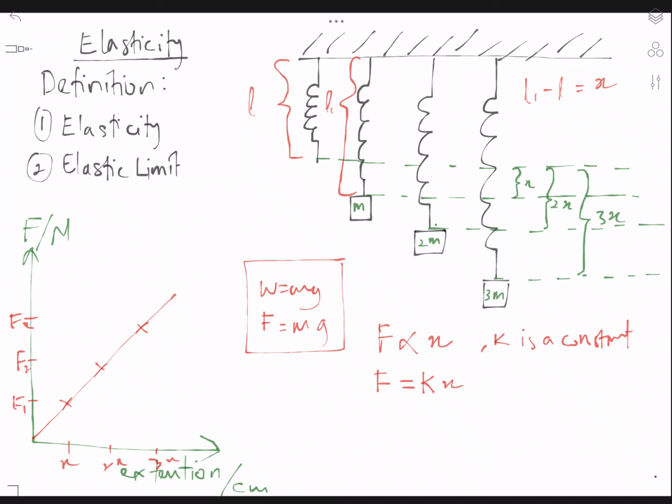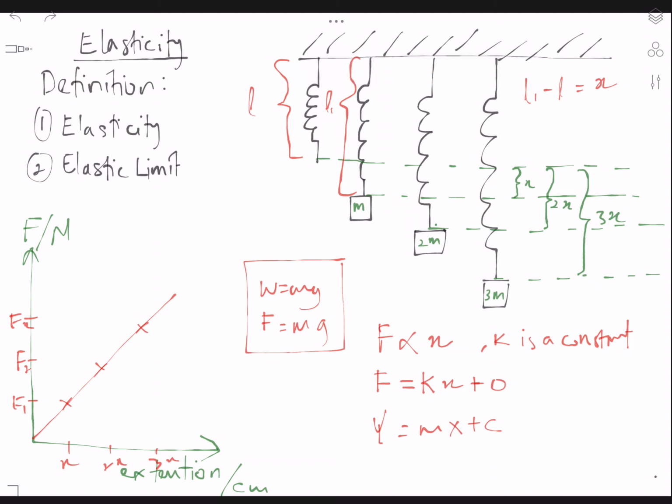Now I want to compare with a linear equation. We have y equals mx. In this case, the graph starts from 0, so this one should be plus 0. There's no y-intercept, so you can ignore this one.